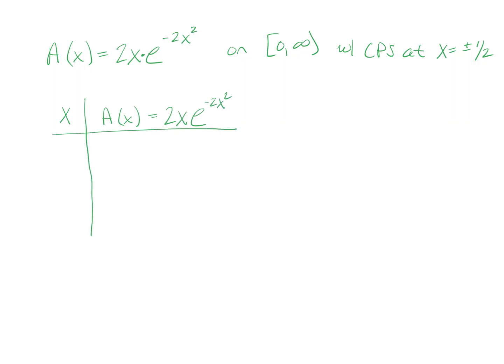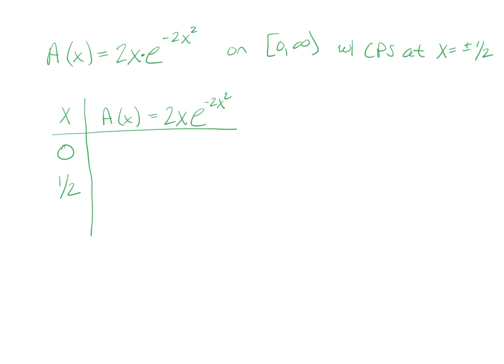I can put in 0, the first endpoint of the domain. I can put in 1/2. I don't need to think about the negative 1/2 because in the picture that I drew, x represented a length, a distance. So I'm just going to put in 1/2.